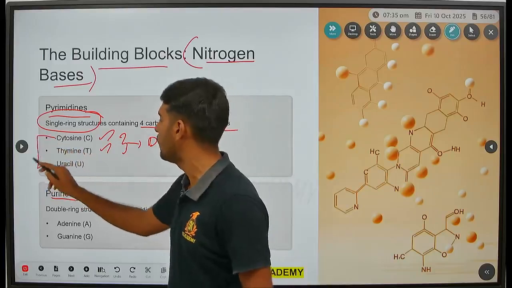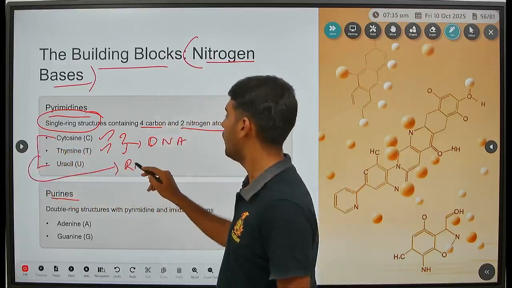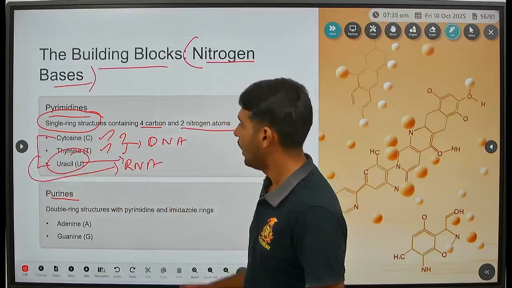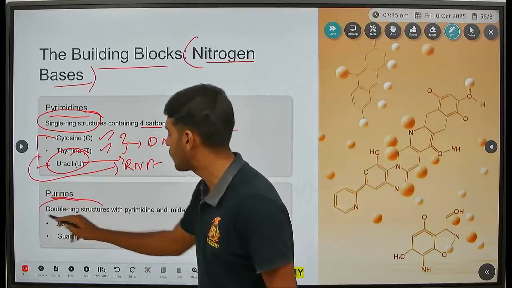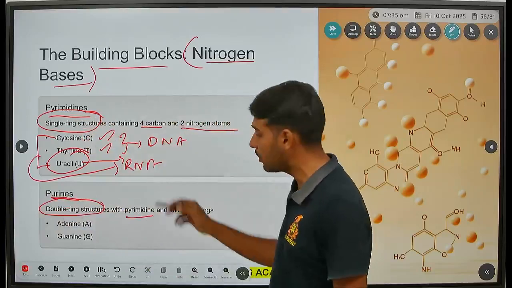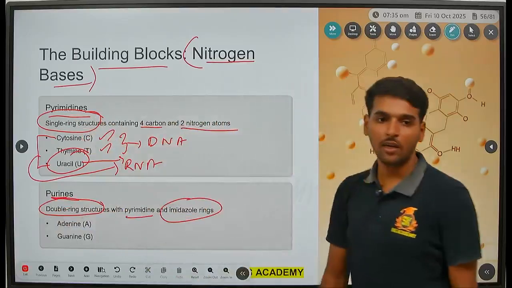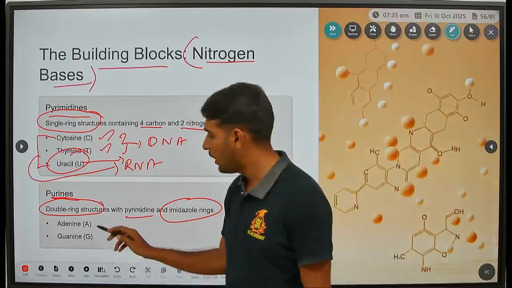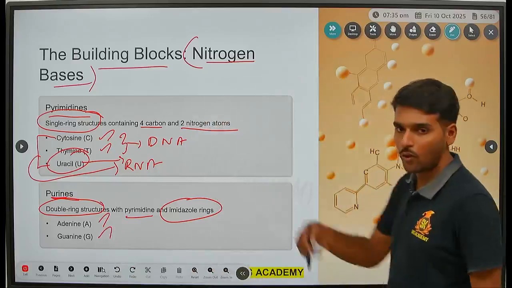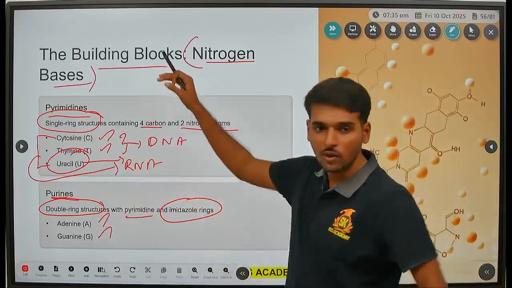Cytosine and uracil, present in RNA. Purines have a double ring structure, that is the pyrimidine structure along with the imidazole ring. Examples are adenine and guanine. Very important. We also saw the structure.